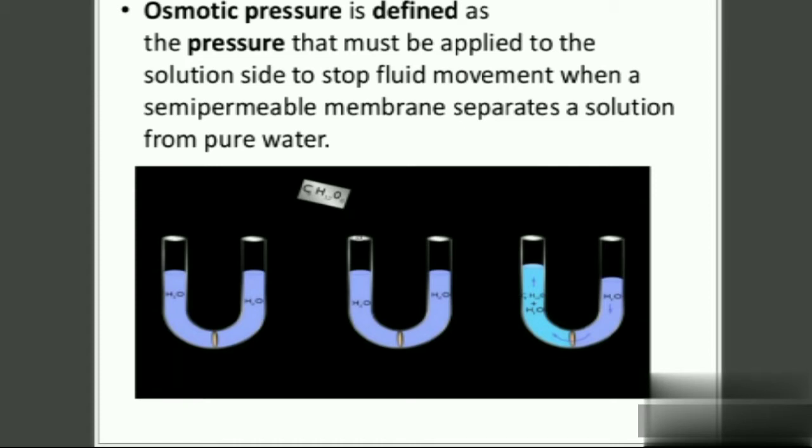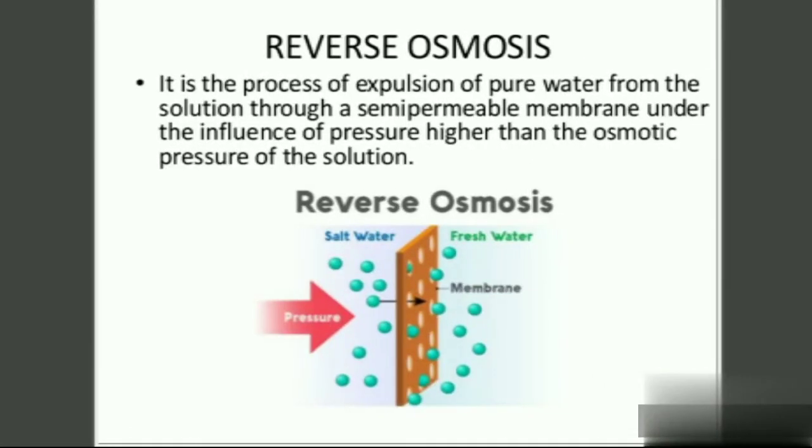Okay students, now we will see the next part. Reverse osmosis. What is reverse osmosis? It is the opposite of osmosis. Usually the movement starts from higher concentration to lower concentration, but here it is opposite. It happens from lower concentration to higher concentration, because of some external condition or pressure.